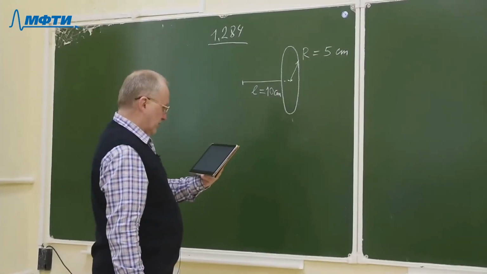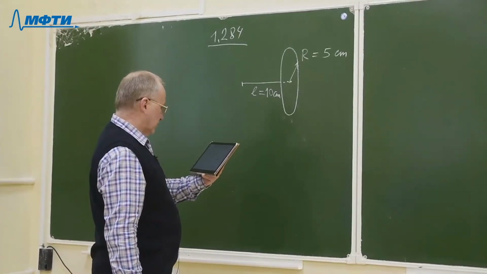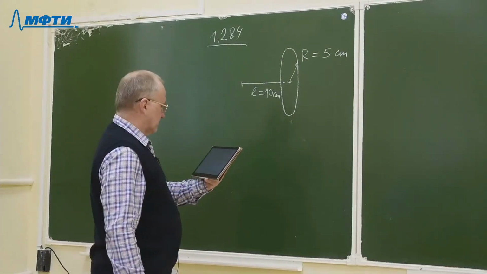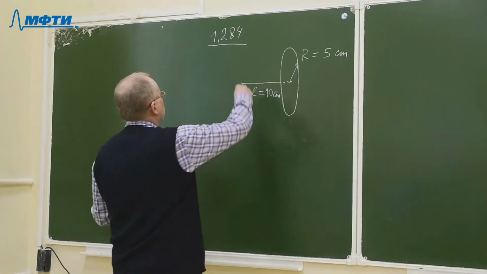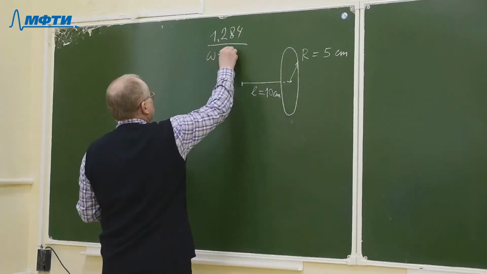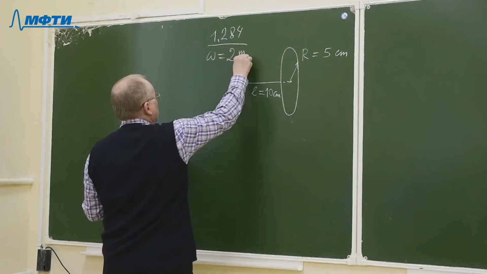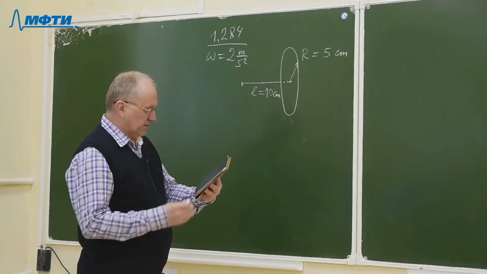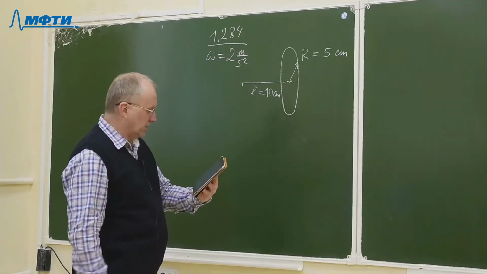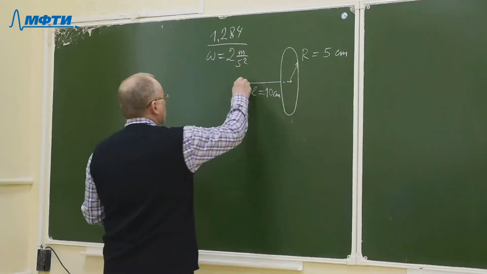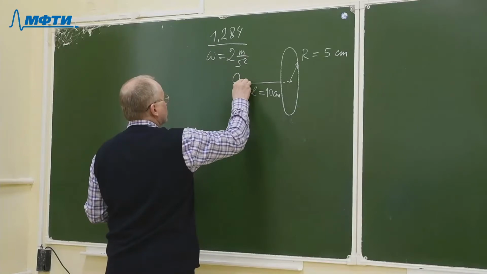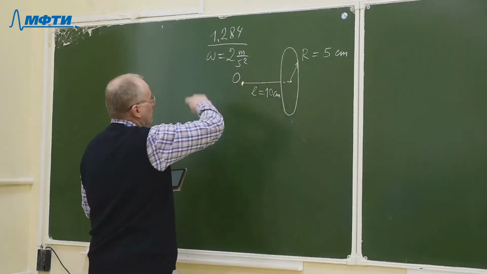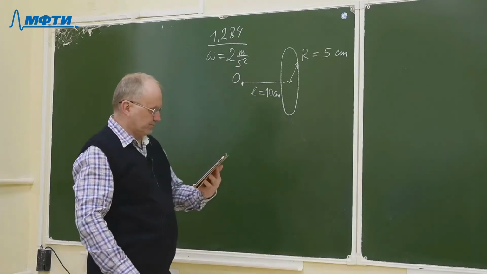A gyroscope is mounted on the floor of an elevator car going up at constant acceleration, and the acceleration is also known as 2 meters per second squared. The other end of the rod is hinged at the point O. So here is a hinge. It means that the rod L can freely rotate about point O.